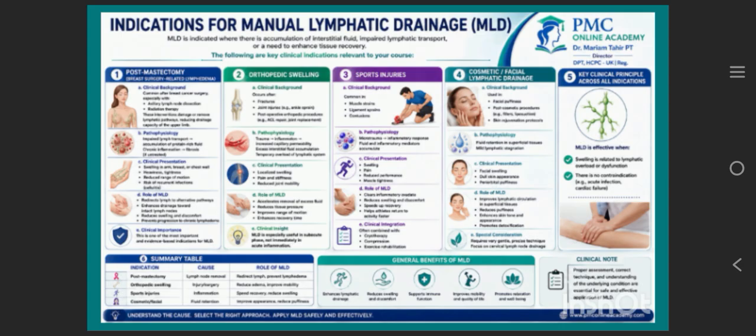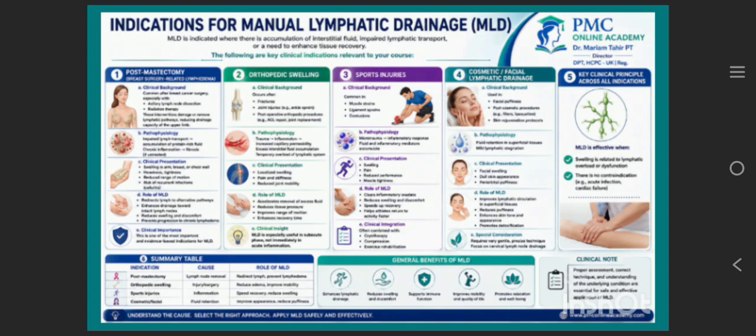What is the role of MLD for sports injuries? It speeds recovery and reduces swelling. What is the role of MLD for cosmetic or facial? It improves appearance and reduces puffiness.